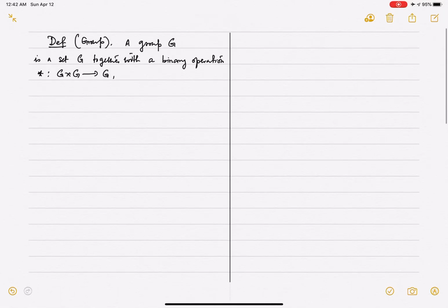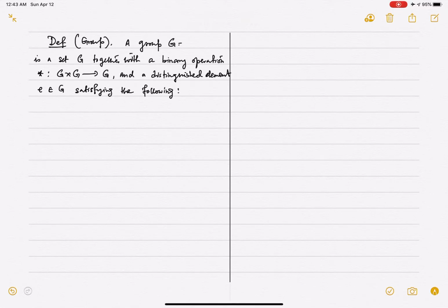And a distinguished element E satisfying the following three things.